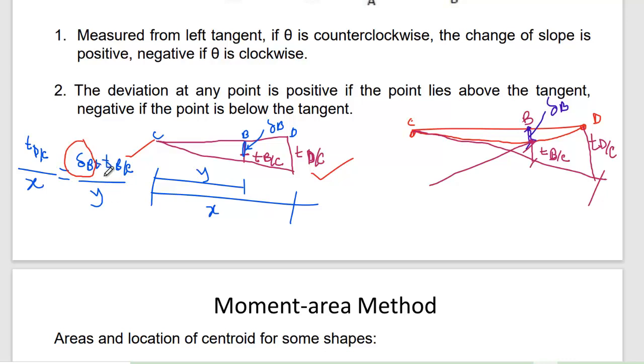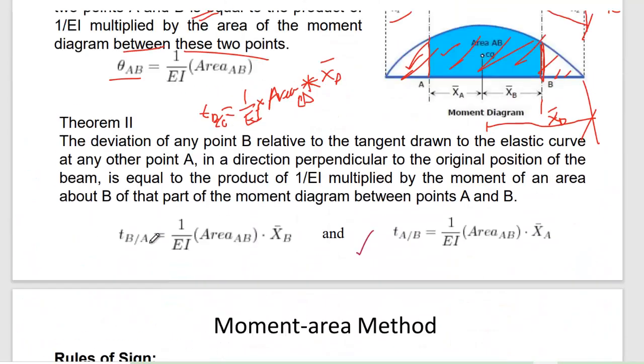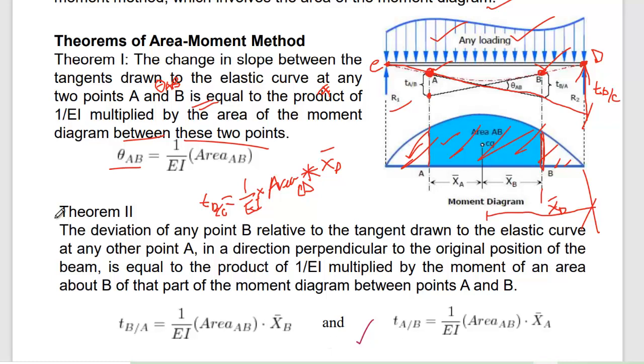Del B. So now you can see the beauty of this formula. Now simply we can calculate del B. That would be easy for us. Okay, so that's why by using this theorem 2 we can calculate the deflection, and by using this theorem 1 we can calculate the slope of the curvature or slope of the elastic curve.